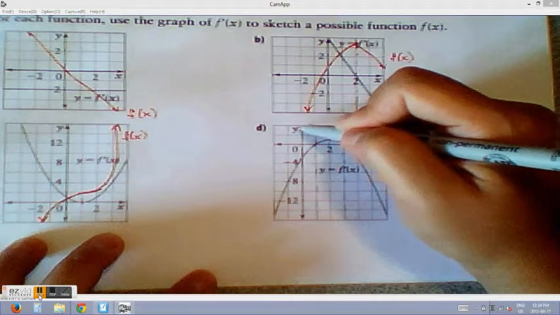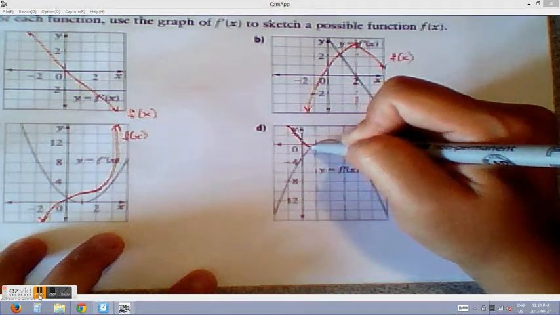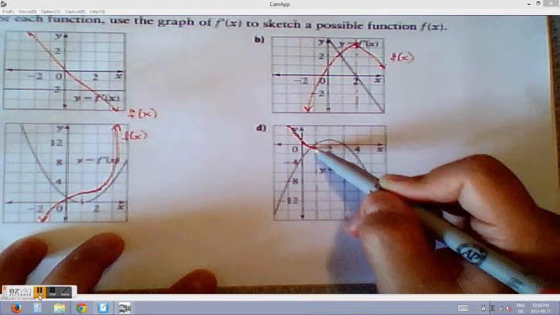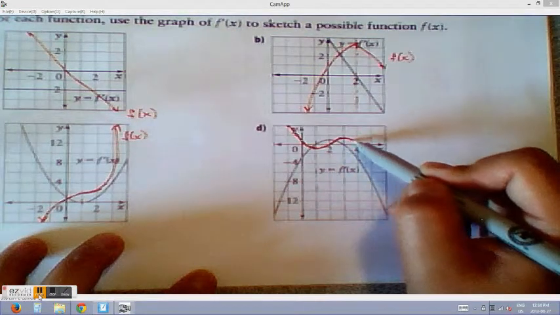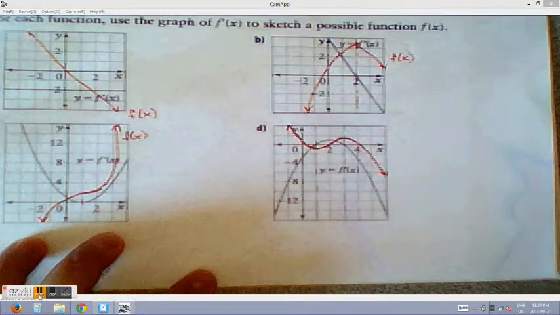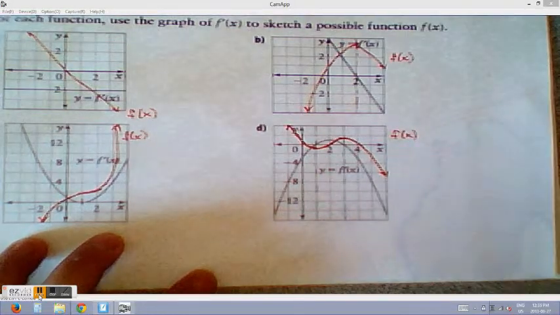Okay, so this is just a sketch. We're going to be decreasing, and we're going to have somewhat of a flattening out. Then we're going to increase up to here, and then we're going to have another flattening out, and then the function is going to decrease. Okay, and it has that nice S shape like a cubic function. There we go.